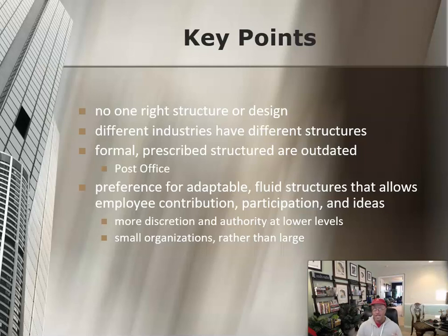But the type of formal prescribed structures are becoming outdated. They're seen as not being innovative and creative in an arena where the best idea needs to be rushed to market and taken advantage of, which we call a competitive advantage, as quickly as possible before your competitors determine the same idea.